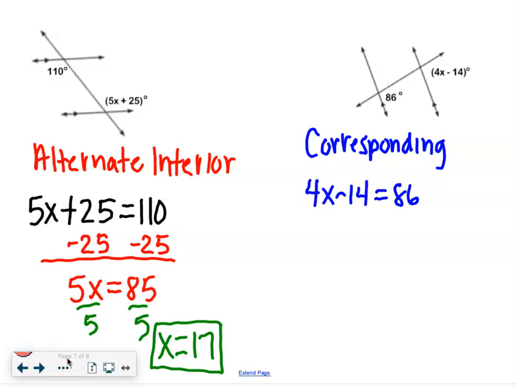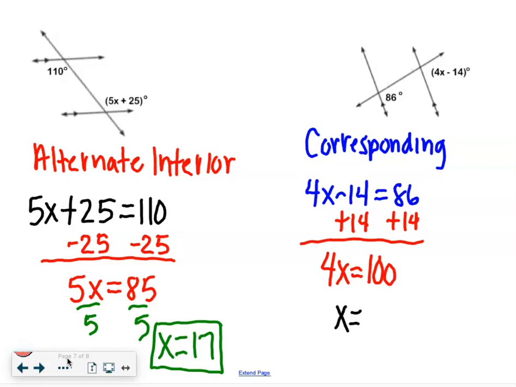And from here we just solve. Bring over our 14. 86 plus 14 is 100. Divide by 4 and we get 25. X equals 25.